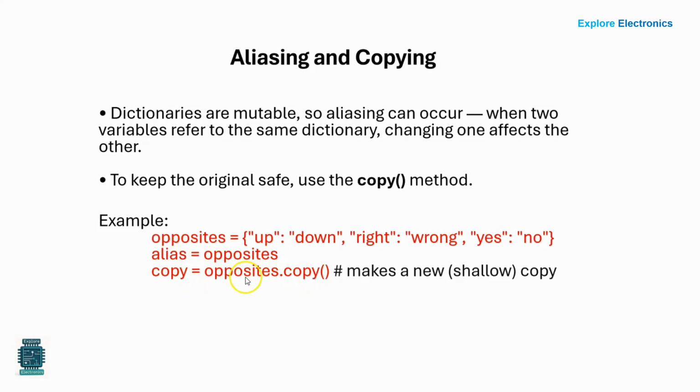I am copying the opposite dictionary here, which is a copy of that original. Clear? opposite is the original dictionary. copy is a copied dictionary, which is copied from opposite. It makes a new copy of that opposite.